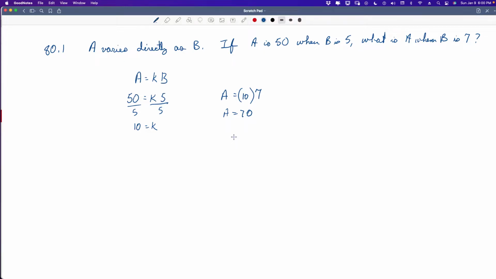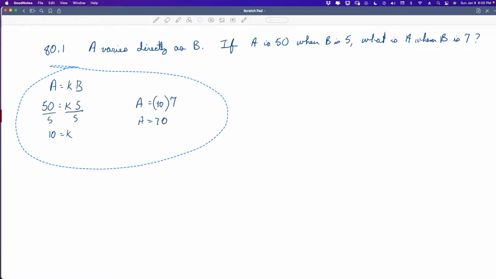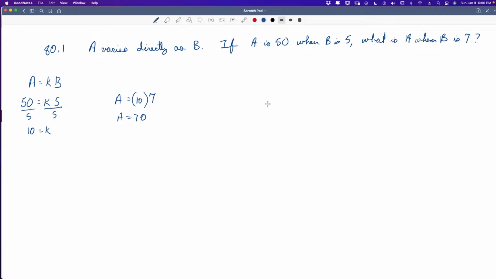We can also set this up as a proportion. So let me move this over out of the way and show you how that proportion statement works. We will get the same exact answer. We just won't have to use a constant k when we set it up as a proportion. And the only thing that we have to remember is that we have to keep like things together in the same row and the same column.